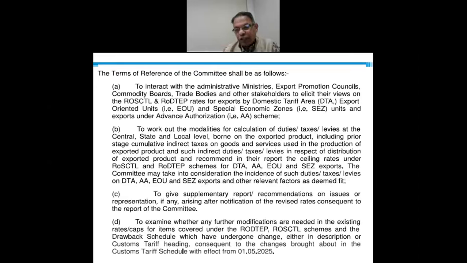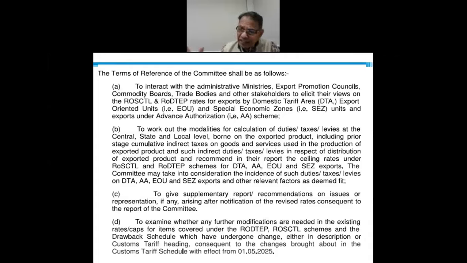My observation on the first para is you should vehemently say that whether it is advance authorization or EOU scheme, it does not offer me any concession of duties other than customs duties and IGST. Therefore, RoDTEP should be applicable the way it is made applicable to DTA exporters. First point. If it is SEZ or advance authorization holder, again, advance authorization holder doesn't get any exemption from petrol, diesel, etc. So the only possibility of getting more benefits is for the SEZ.